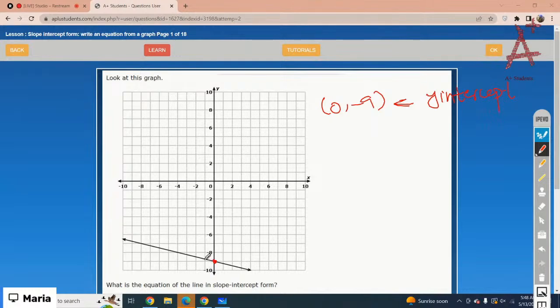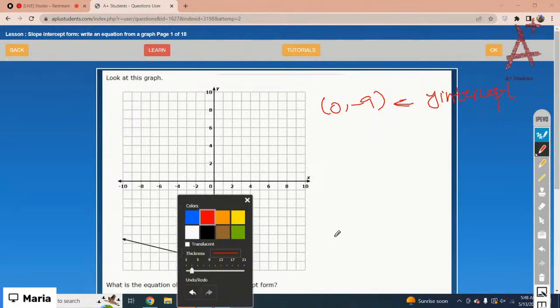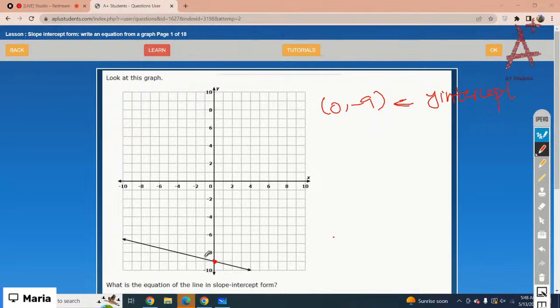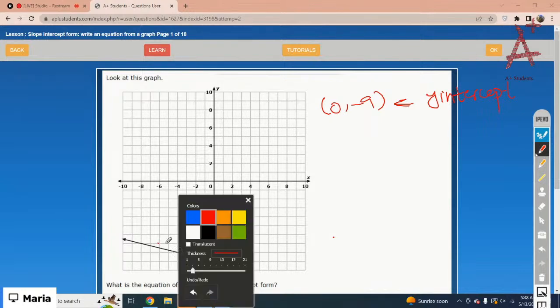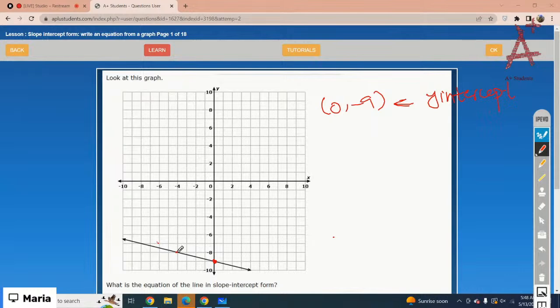Then you can select any 2 points on the graph and find the slope of the graph. You can select any. Okay, the coordinates for this one are 0, negative 9, and for this one are negative 4 and negative 8.